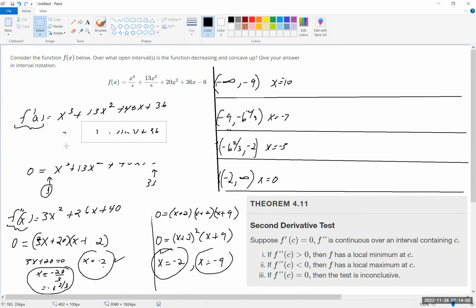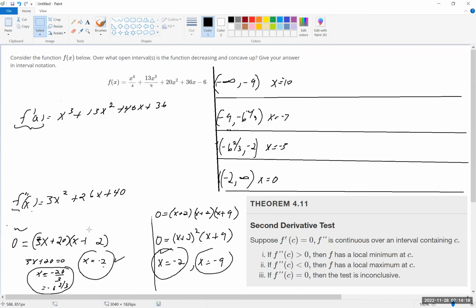Because I'm going to input our critical values into my first derivative to determine whether the function is increasing or decreasing. And then I'm going to plug it into the second derivative to determine the concavity of my curve.